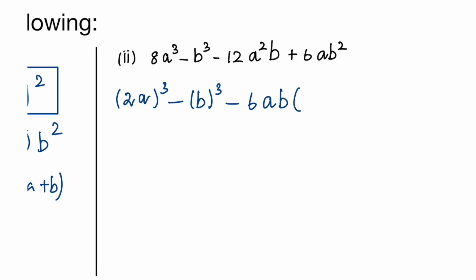If I take minus 6ab as a common factor from these two terms, it leaves you with 2a minus b.